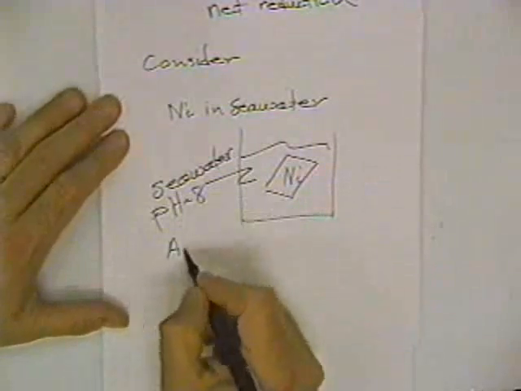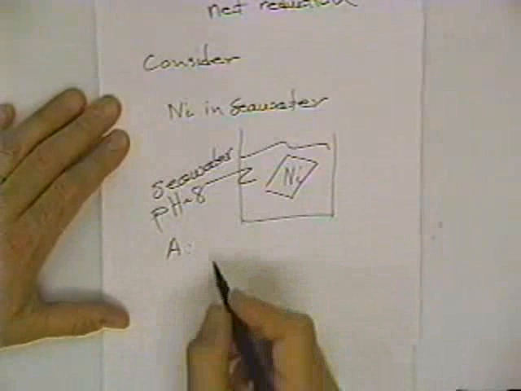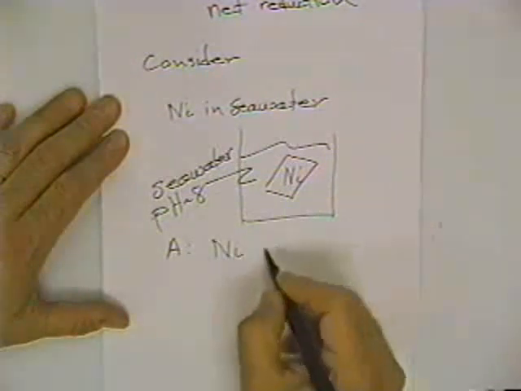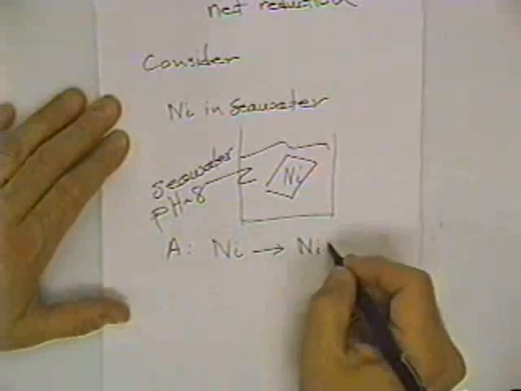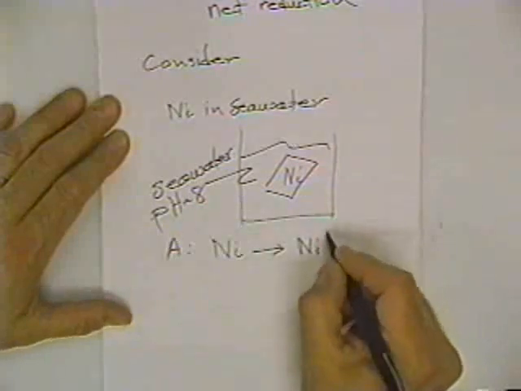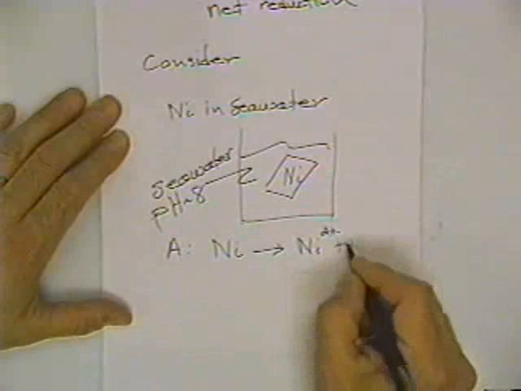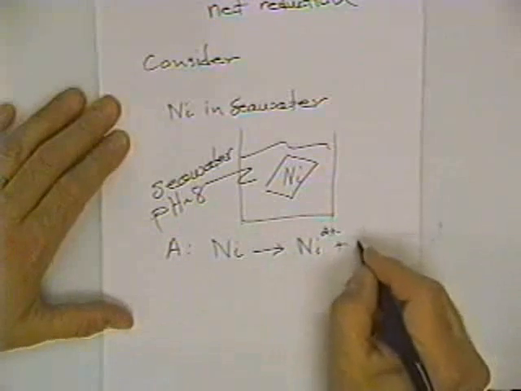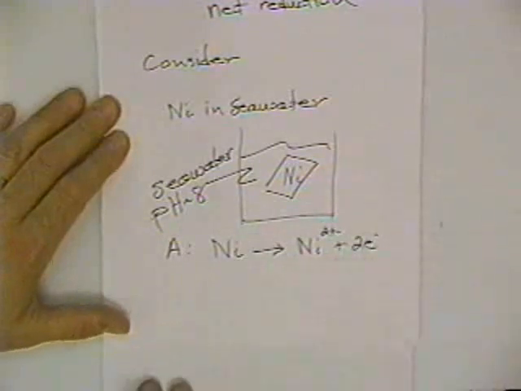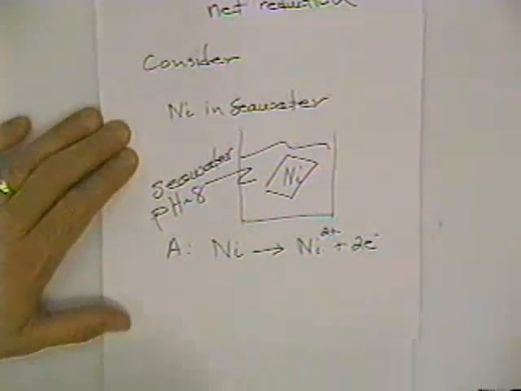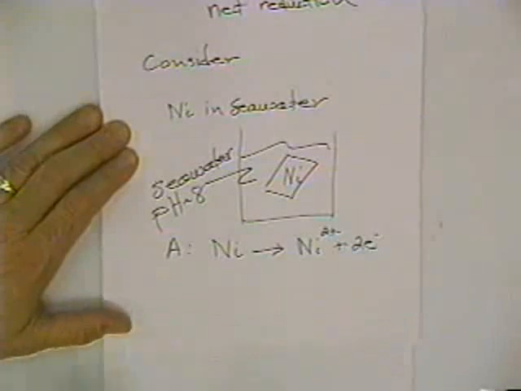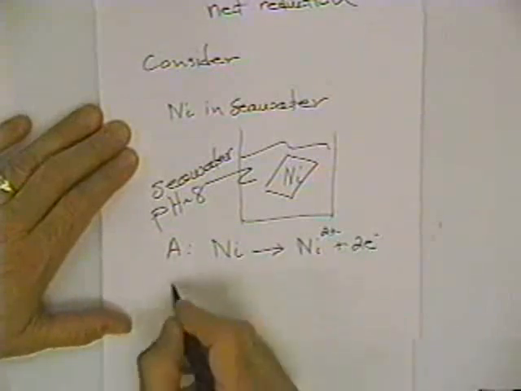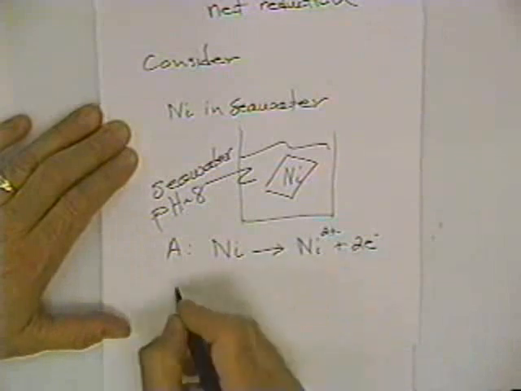So the anodic reaction would be what? Well, we need to know what the valence of nickel is, and we can look at a periodic table or the EMF series that's in the handbook that you want to take to the EIT exam, and you want to work with that handbook a little bit so you know where stuff is. You get to the day of the test and you're under pressure and you won't be able to find what you want. So that's the cathodic reaction. I'm sorry, the anodic reaction.